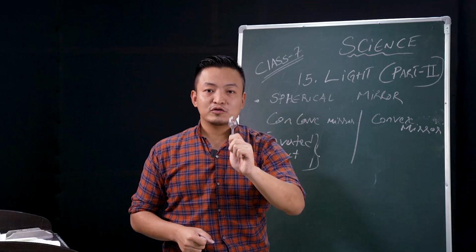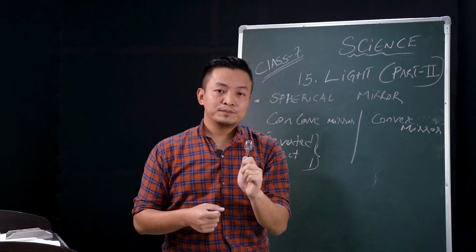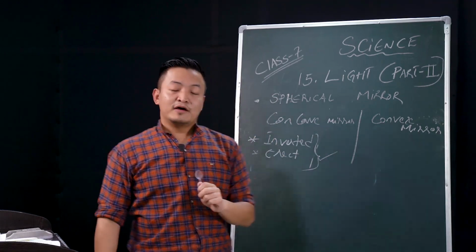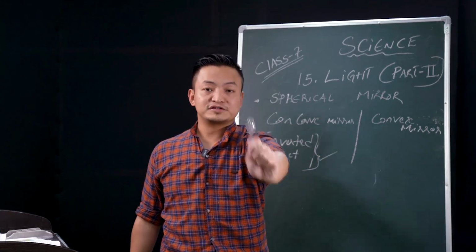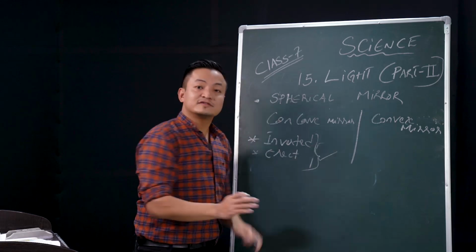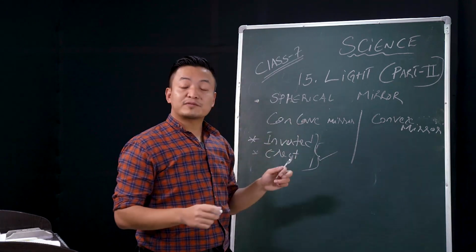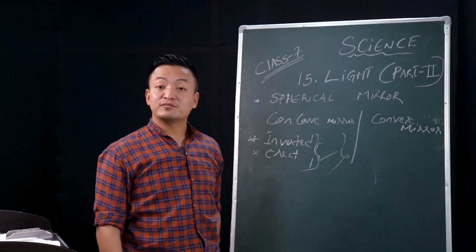When you bring the metal spoon very close to you, the image that you'll see is erect. But when you take it far away, the image that you'll see is inverted. You'll see everything inverted.